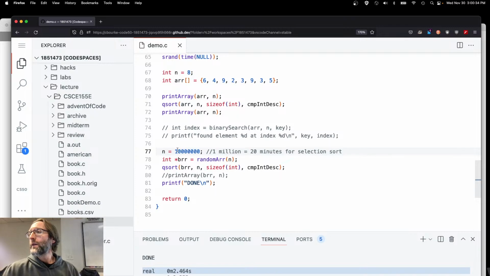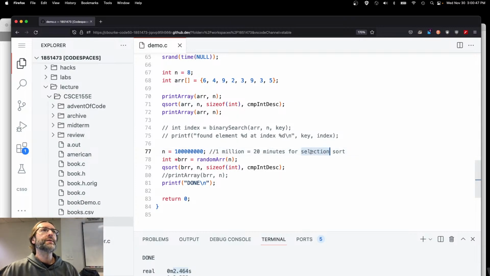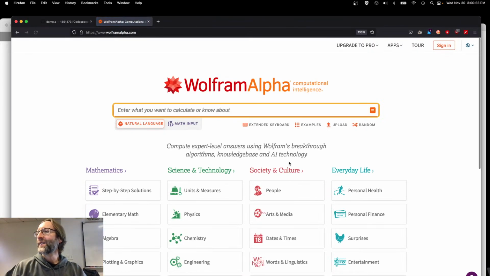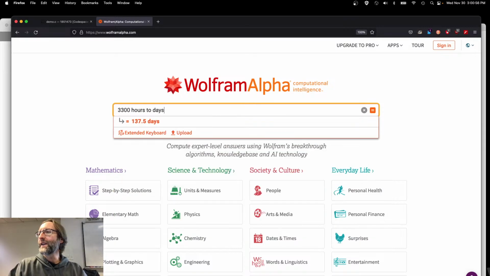If we went up another order of magnitude here, I'm not going to do it, but what would it take here? About 25 seconds or so, maybe 30 seconds. But what would it take for selection sort? 100 times 33 hours is going to be... Wolfram Alpha. 3,300 hours, 2 days.